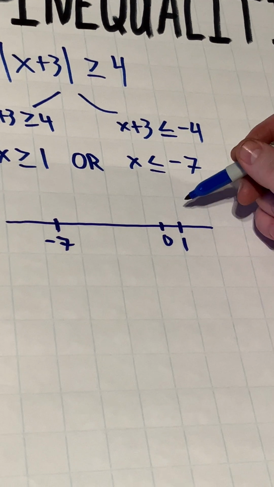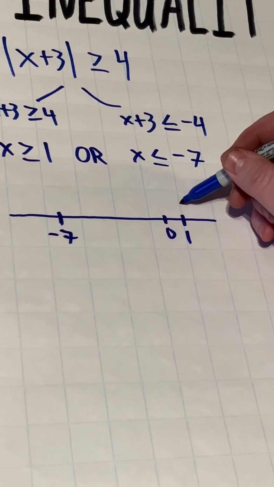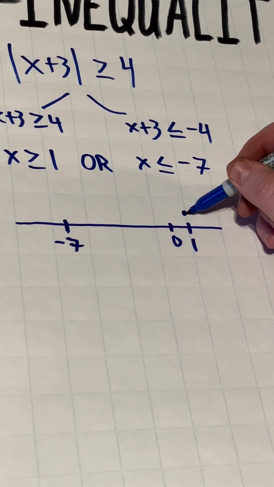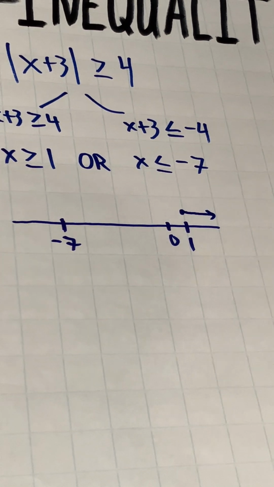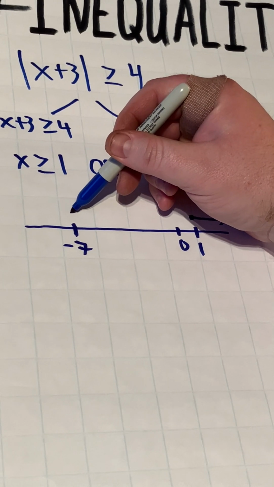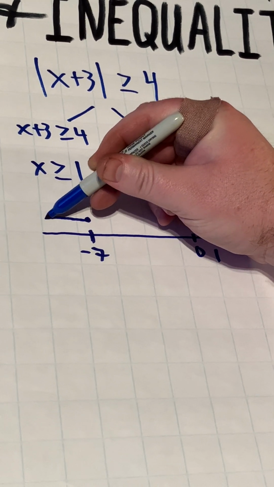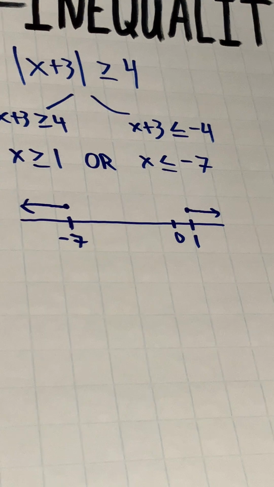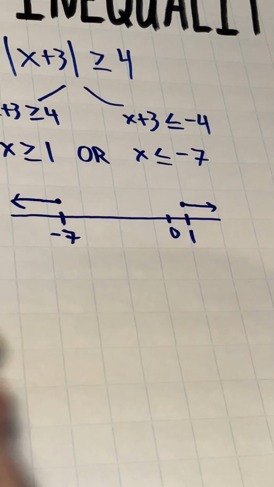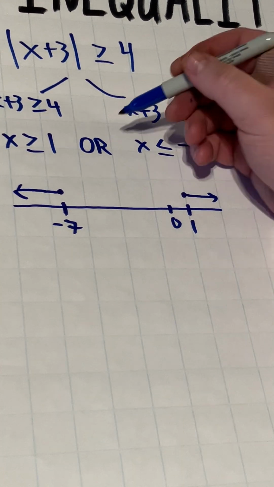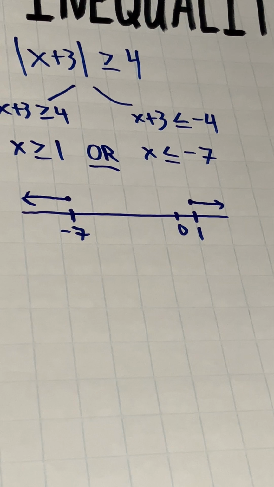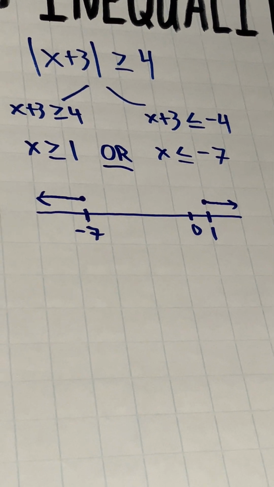We're saying x is greater than or equal to 1, or x could be less than or equal to -7. When you have 2 arrows going in opposite directions, that's when it's going to be an OR solution.